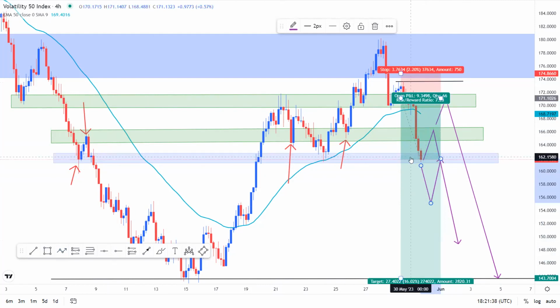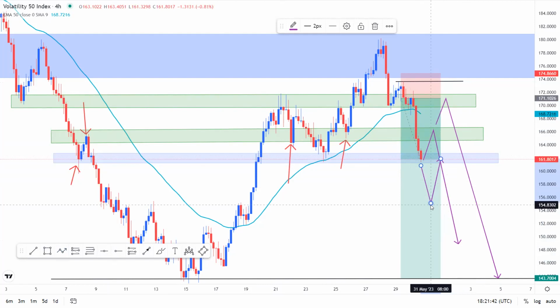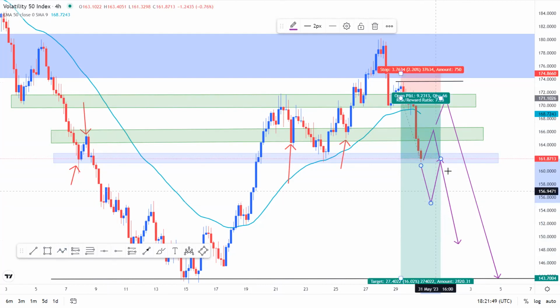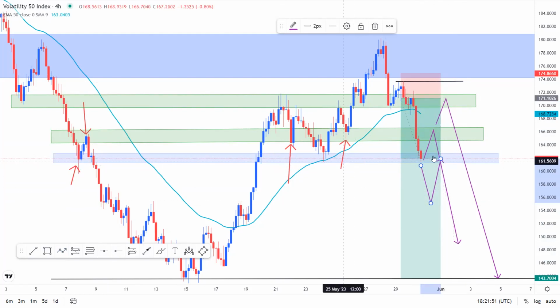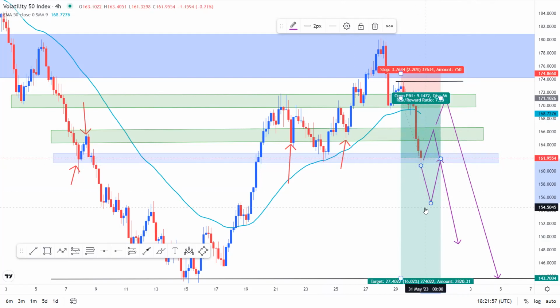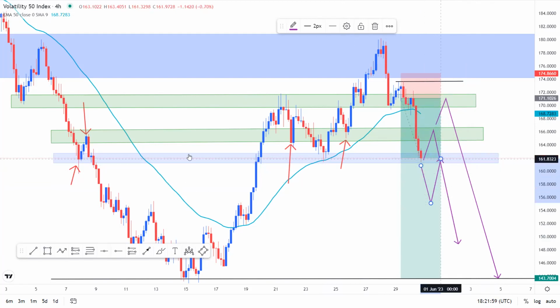So, like I said, if we have a breakout of this level, the first level to look out for a potential selling opportunity would be this first level right here. That would be our level. So if we have a break of the level and then we have a retest, then we'll be potentially looking to sell from this level.